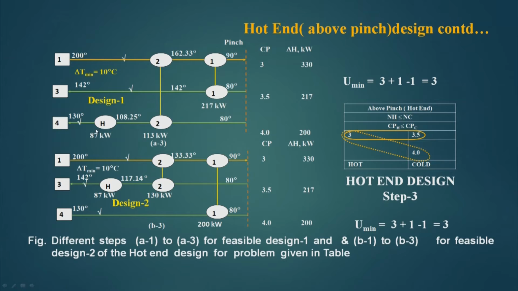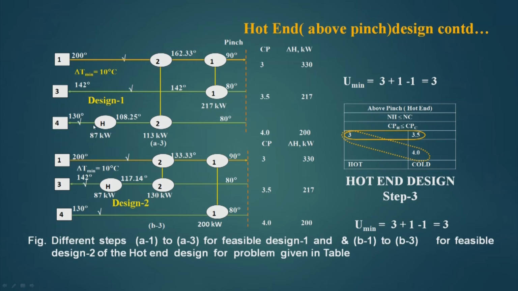So, in the third step, we will put heaters. Here I put the heater in the design 1 having a capacity of 87 kilowatt. Once I put this 87 kilowatt, this is able to heat it from 108.25 degree centigrade to 130 degree centigrade.